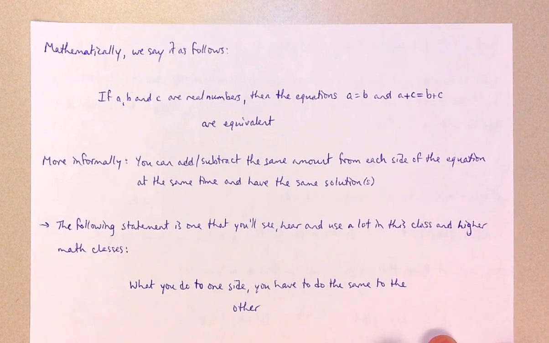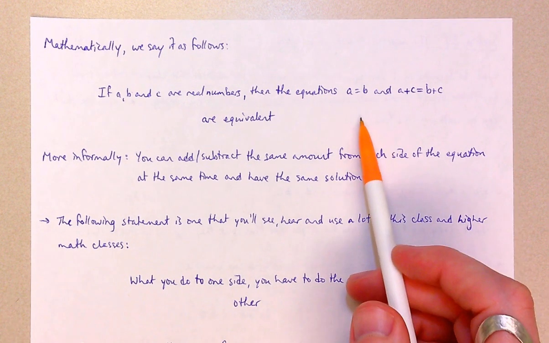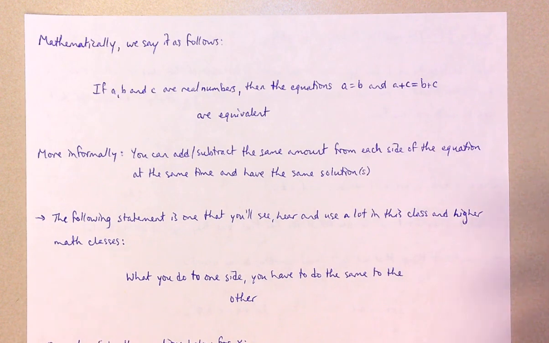Now, in strictly mathematical lingo, what it's saying is that if A, B, and C are all real numbers, then the equations A equals B and A plus C equals B plus C are the same. But we don't need something that technical.